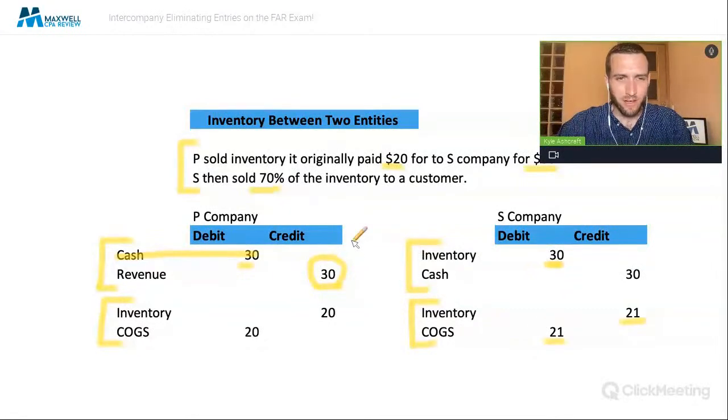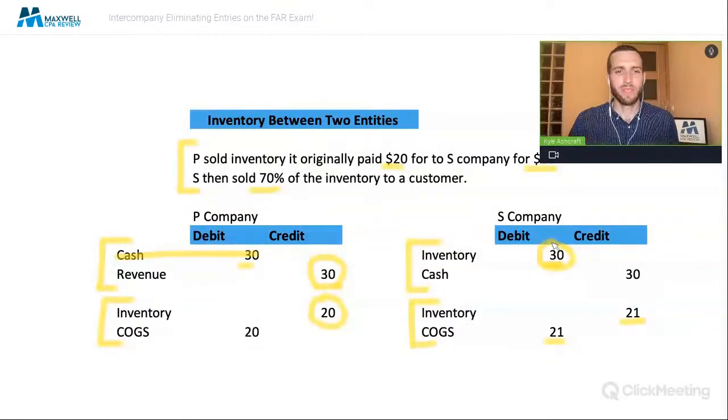Let's think about what's happening here. This inventory initially cost 20, but then it was artificially inflated up to 30 because of the intercompany transaction, and that should not have happened. We need to eliminate that difference. So here's a key question I'm going to repeat several times today to wrap your mind around this.